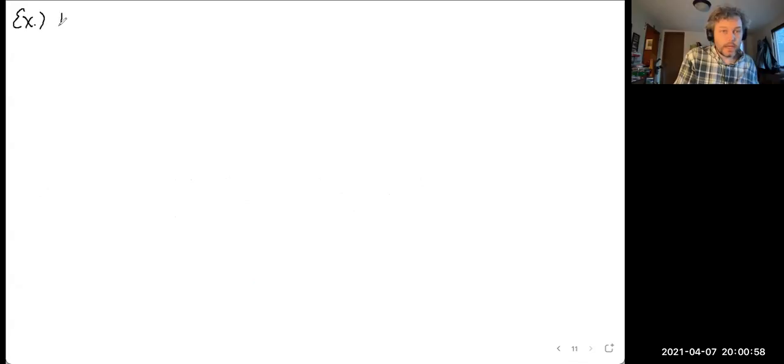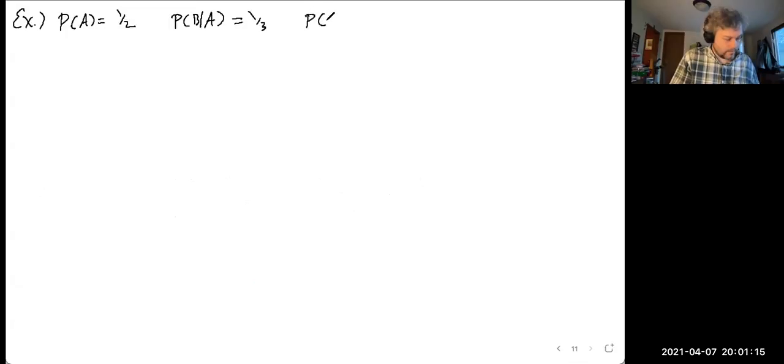So suppose that the probability of A is equal to 50%. The probability of B given A is 1/3.